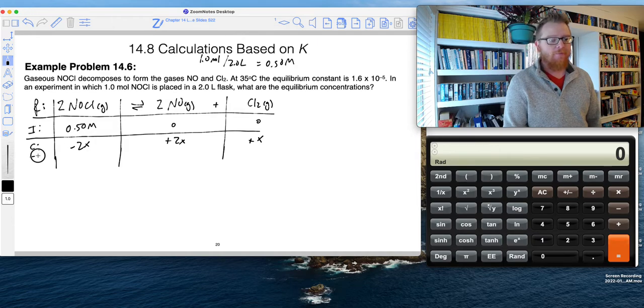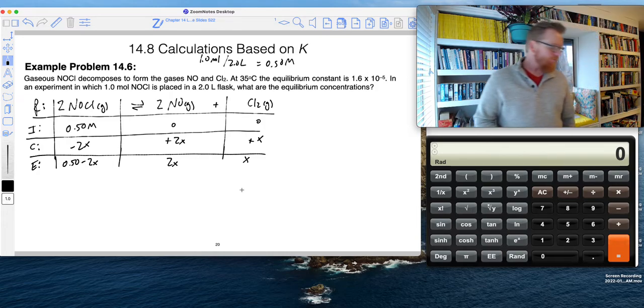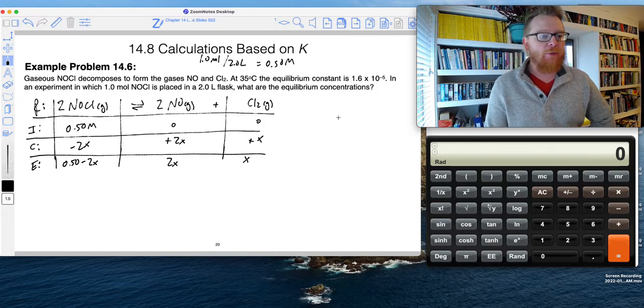Then finally, we can get our equilibrium column. That's going to be 0.50 minus 2X, 0 plus 2X, which is just 2X, and 0 plus X, which is just X.